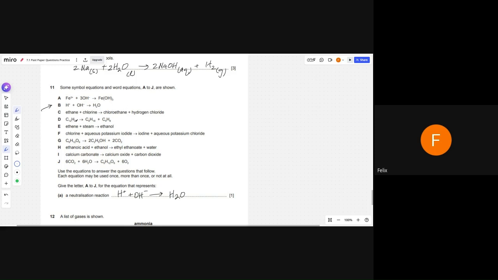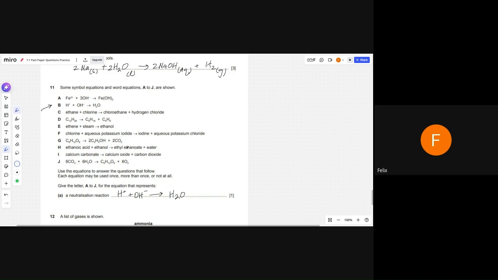This one is cracking, D, producing an alkene and an alkane. E is an addition reaction. F is a single displacement reaction, and G is a decomposition reaction: one reactant, more than one product.